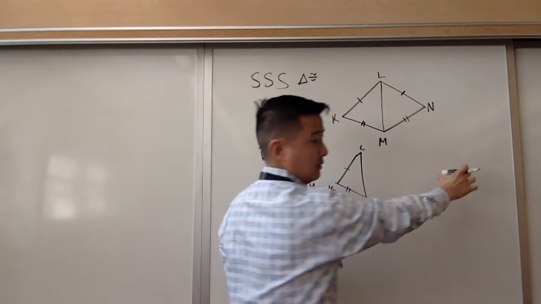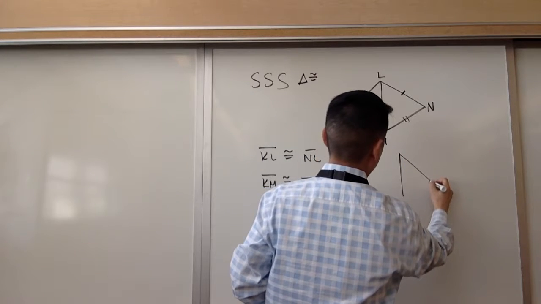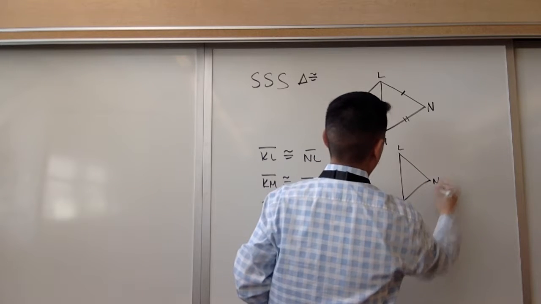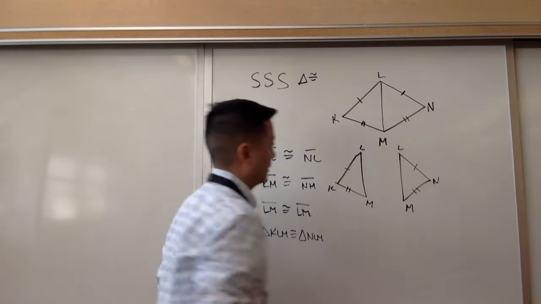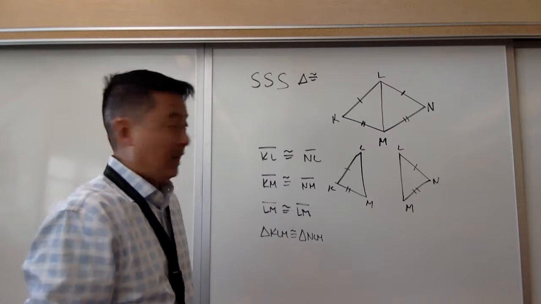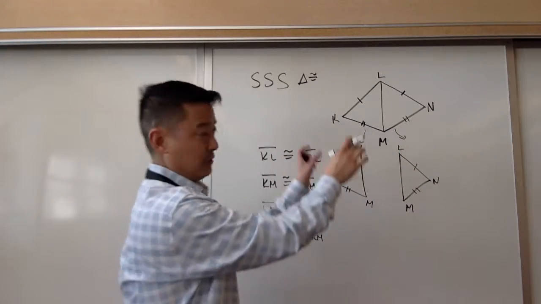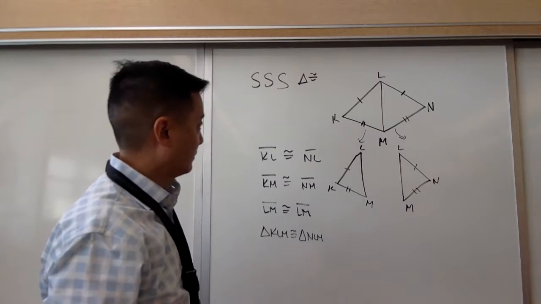And then if I separated this triangle and kind of dropped it over here, okay, it would look like that. So I kind of just separated the two triangles. I deconstructed the diagram. Okay?